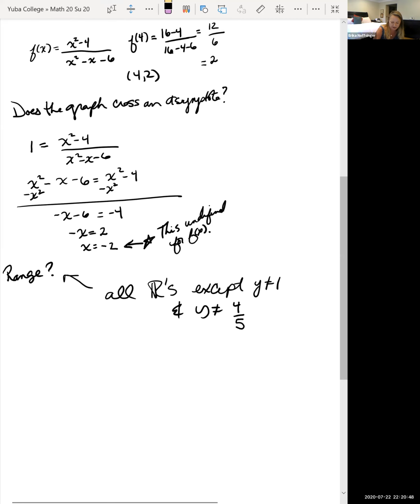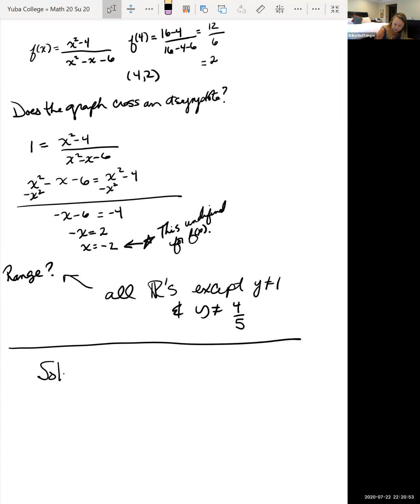So like I said, being able to solve all different types of equations is really important.